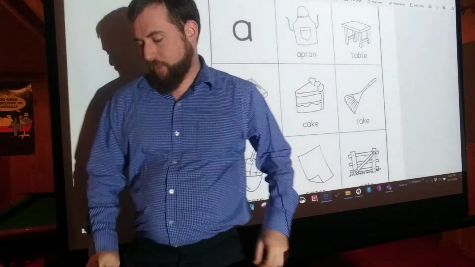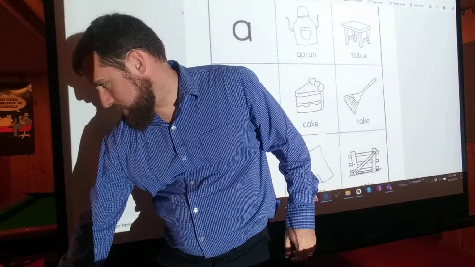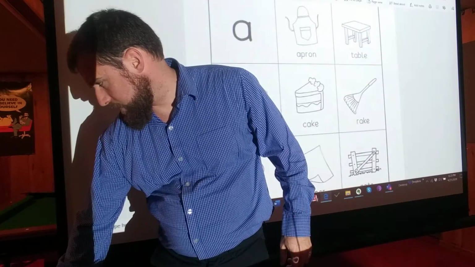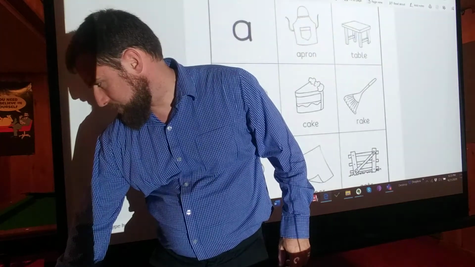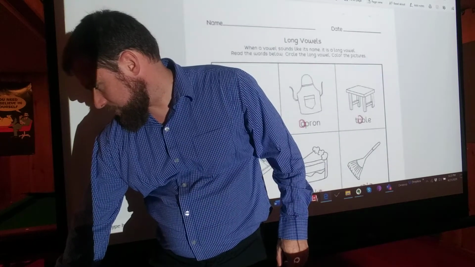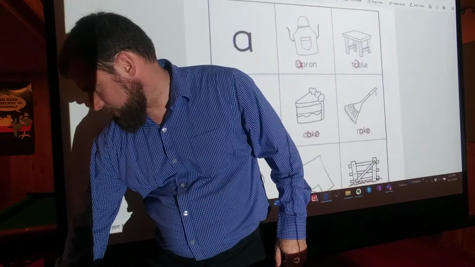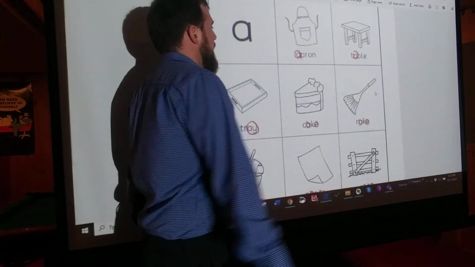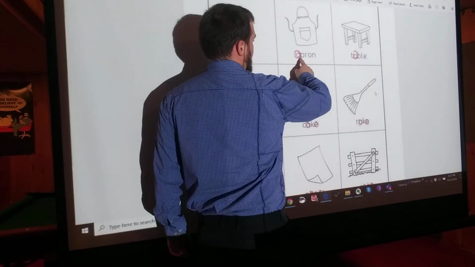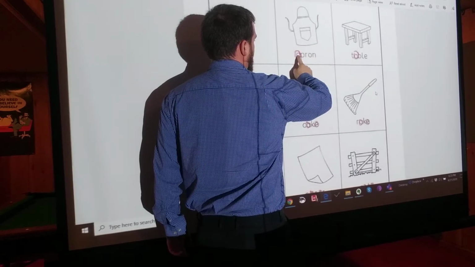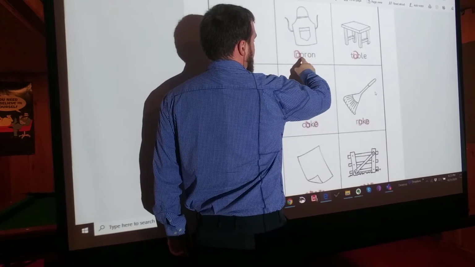Alright, you all done? Okay, great. So, let's see about... Here we go. Apron. Now in this one we circled only the A up front because there's two letters between the O and the A. So that would mean they can't have any effect on it.